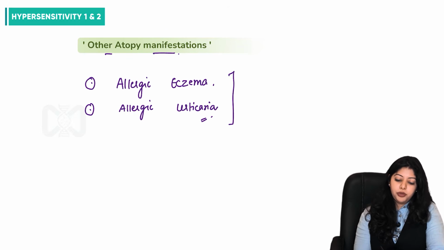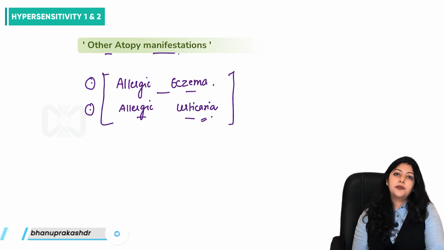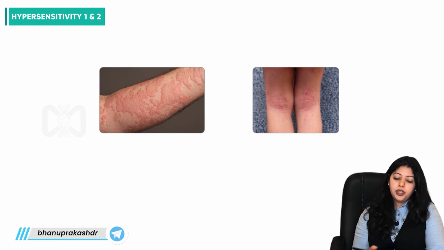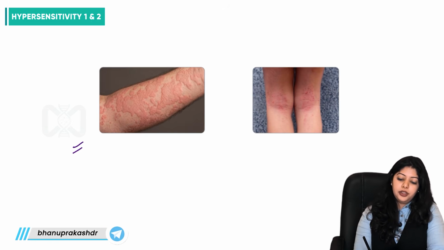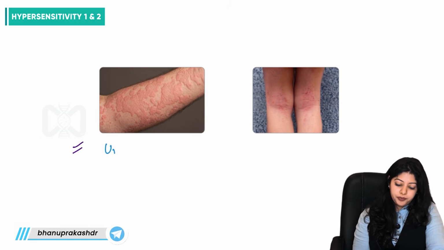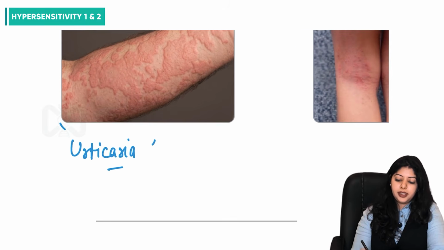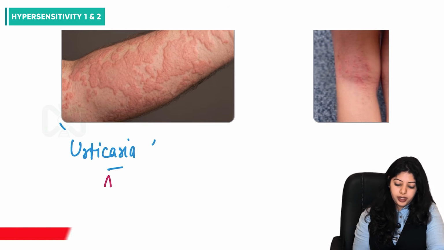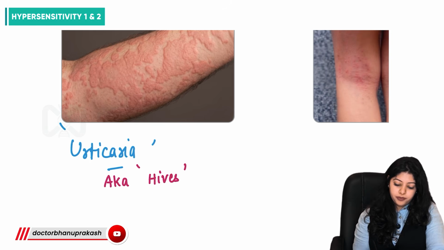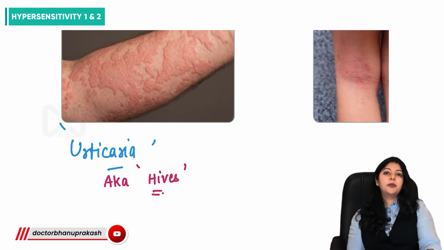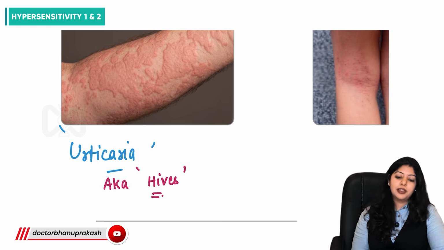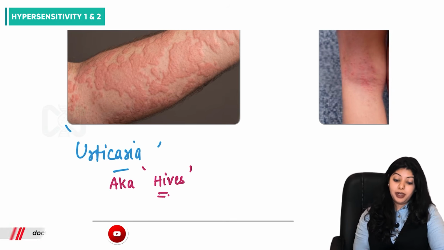So these are the most common other allergic reactions. So what is occurring in allergic urticaria? This is urticaria, which is also known as hives. Some of your batchmates might have experienced this hives reaction and you might be aware of it.